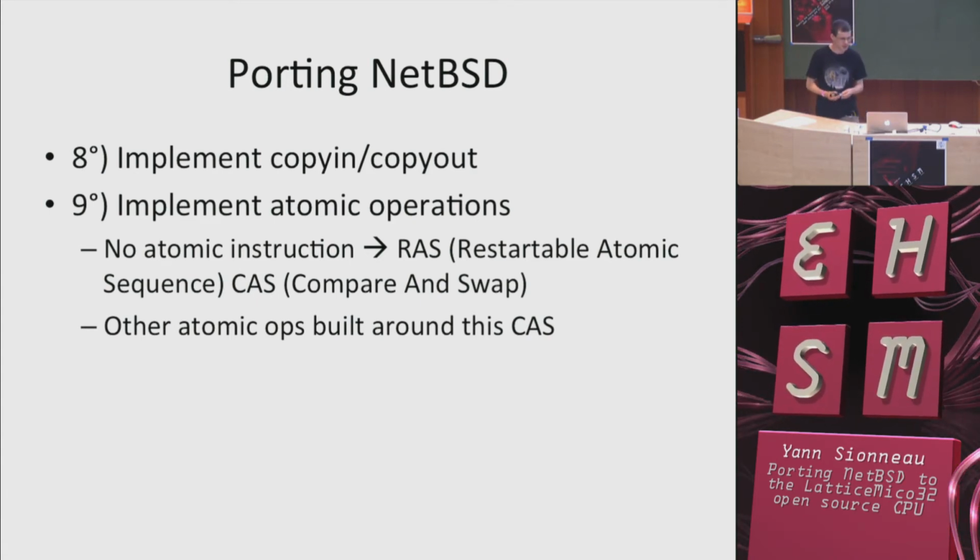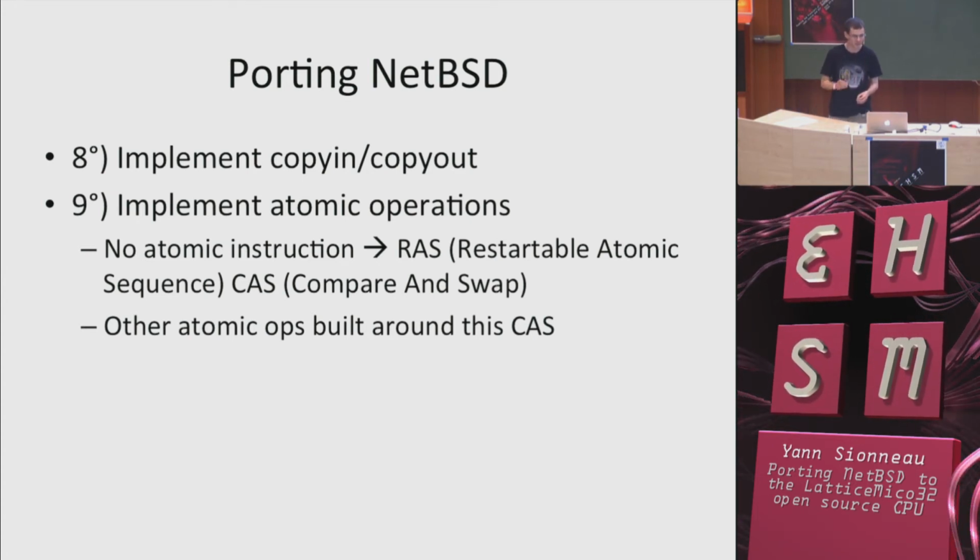Atomic operations are used when you want to read and update a variable, a memory location, but you don't want, at the same time, another thread to modify it. So you want the read-modify operation to be atomic. The problem here is that there is no atomic instruction in the LatticeMico32 CPU.